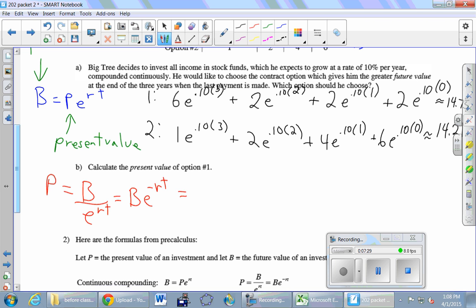And the B is the future value, which is what number in option 1? That's the 14.75. e to the negative R is still what, 1. T is 3 years. This was 14.75, 3 years from today is worth this amount of money today. Somebody with a calculator help us out on this one.